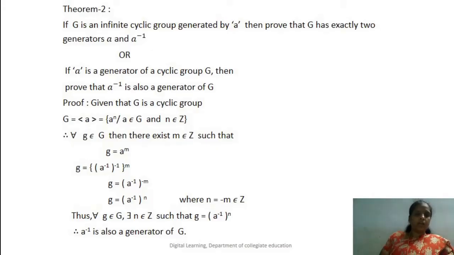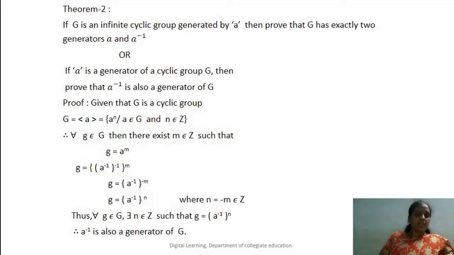Therefore, for all small g belonging to the capital G, there exists an m belonging to Z such that g is equal to a power m. This is nothing but the definition of the cyclic group. But we have to prove it for a and a inverse here. Therefore, g is equal to a inverse of inverse, taken to the power m as it is. So a is taken as a inverse of the inverse, is it not?